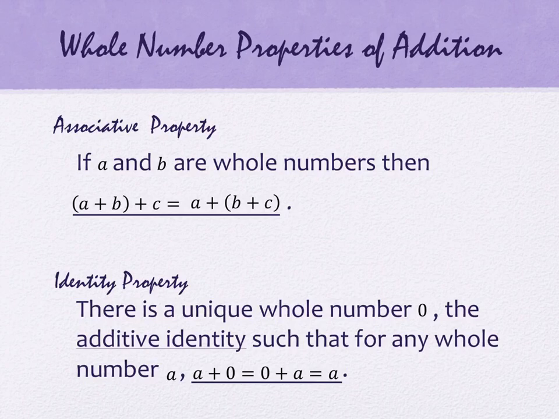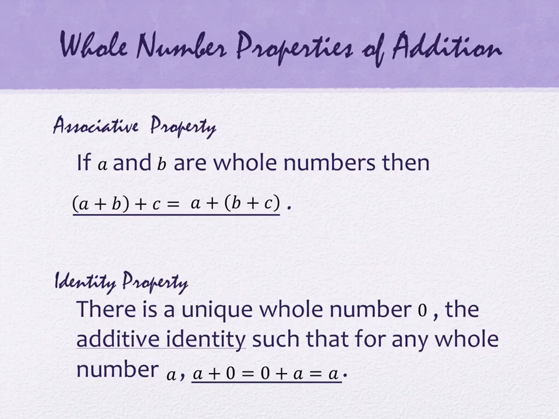The associative property talks about the ordering of the addition's grouping and whether it matters. So on this one, you notice the A, the B, the C, it's in the same order on the left and the right. I didn't change the order. All I changed was how the values were associated, how they're grouped together. On the left, the A and the B are grouped together. On the right, the B and the C are grouped together.